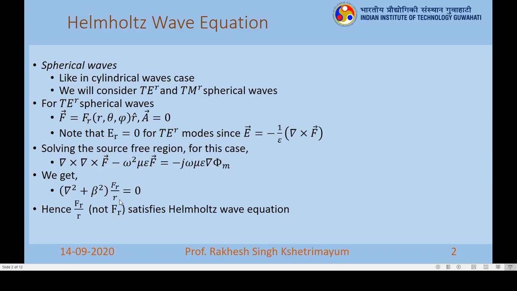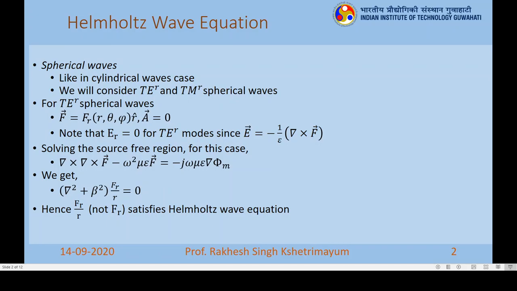So it's not Fr, it's Fr by r, which is satisfying the Helmholtz wave equation. Is that okay? We are getting a result that shows that the Helmholtz wave equation is satisfied by Fr by r.